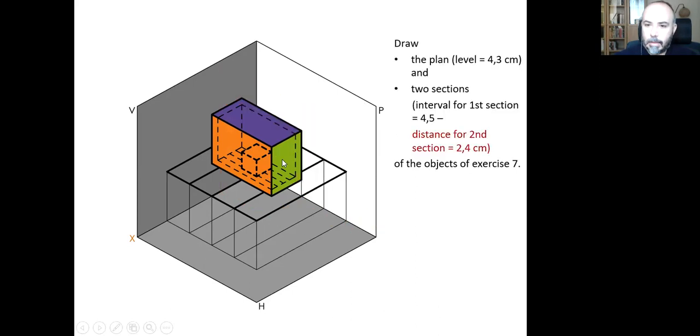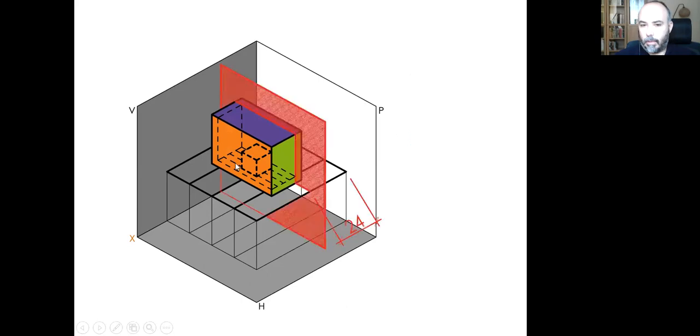And it says that the distance for second section is 2.4 centimeter. It is again a vertically positioned section, but this time it is parallel to profile projection plane. And there is this distance between this profile projection plane and our cutting surface here, and it is 2.4 centimeters.